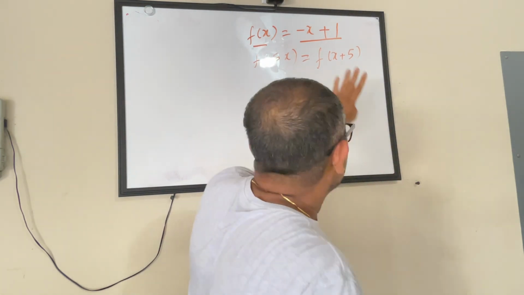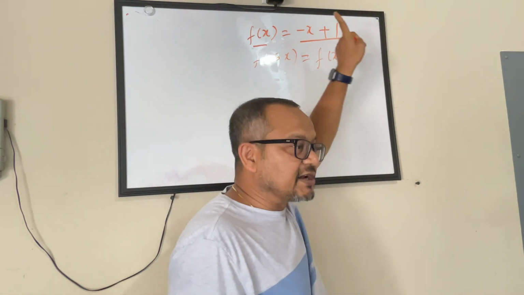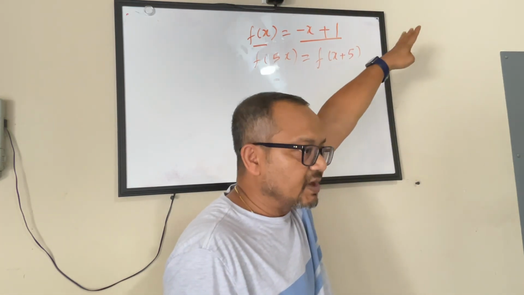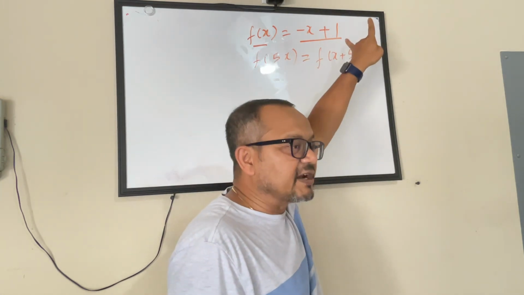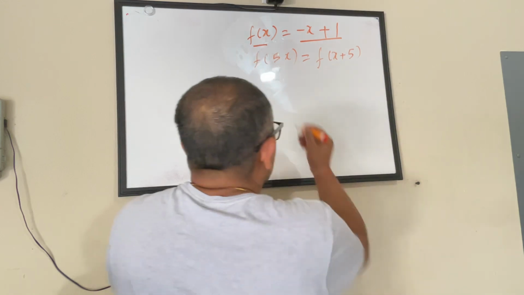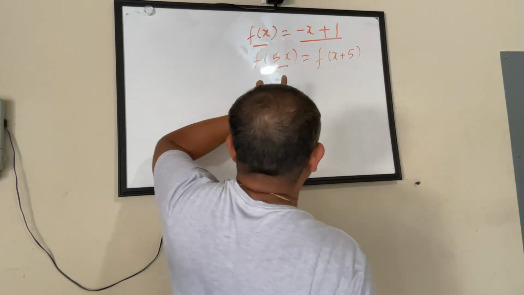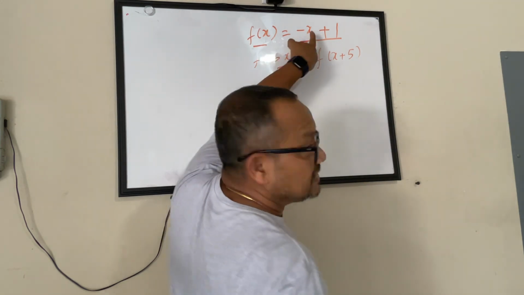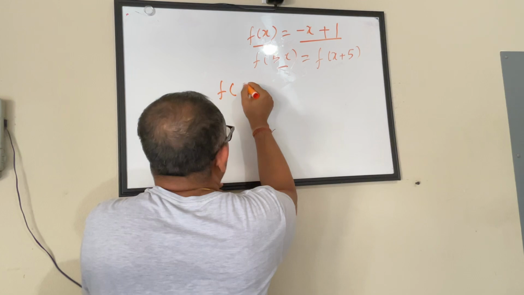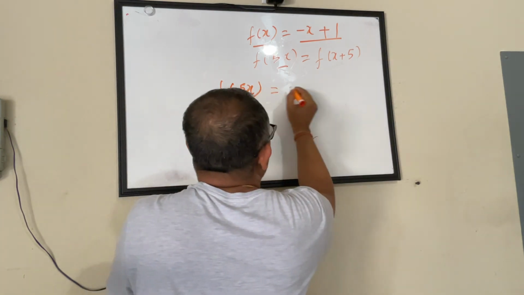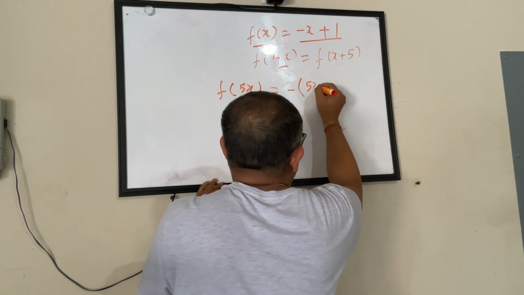Whatever value I have to find the function for, I will replace x with that value. That's it. Now, 5x. The function of x is this. The function of 5x will be what? I will just replace x with 5x. So the function of 5x will be equal to minus, instead of x, I will have 5x.